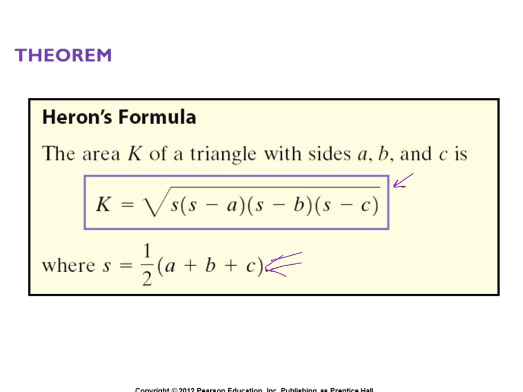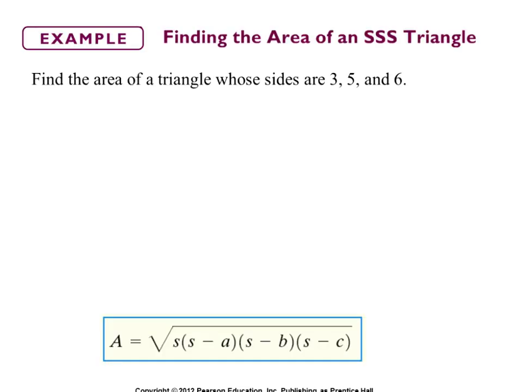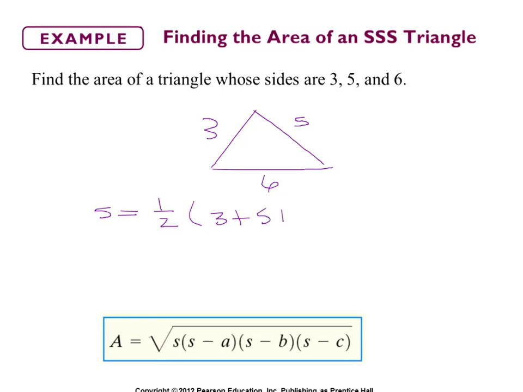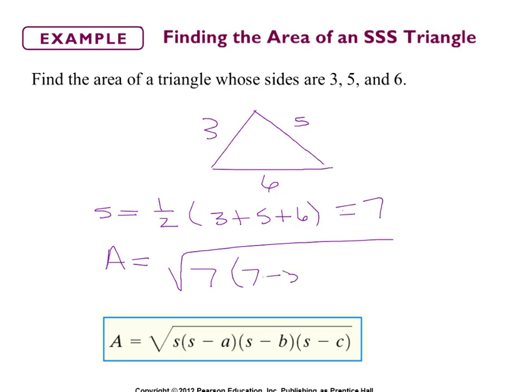So for example, we have here a triangle whose sides are 3, 5, and 6. First thing I have to do is find S, and S equals 1/2 the sum of all the sides. So this is 14, so S is 7, right? And then the area is equal to the square root of 7 times 7 minus 3 times 7 minus 5 times 7 minus 6.